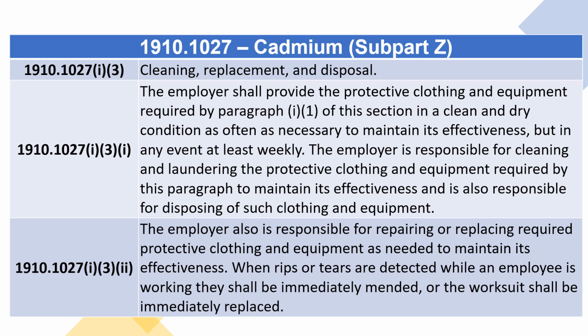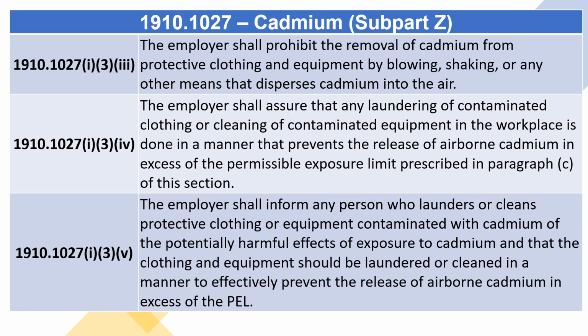When rips or tears are detected while an employee is working, they shall be immediately mended, or the worksuit shall be immediately replaced. The employer shall prohibit the removal of cadmium from protective clothing and equipment by blowing, shaking, or any other means that disperses cadmium into the air.